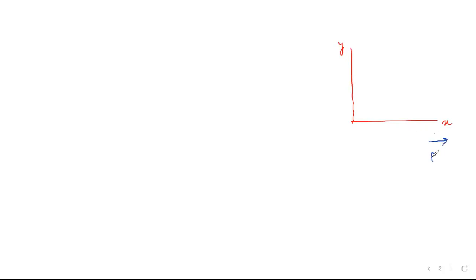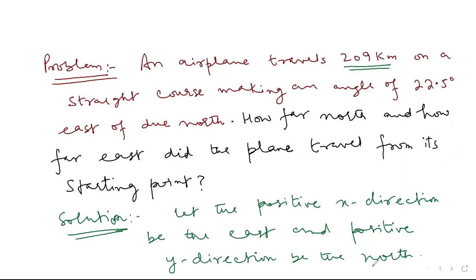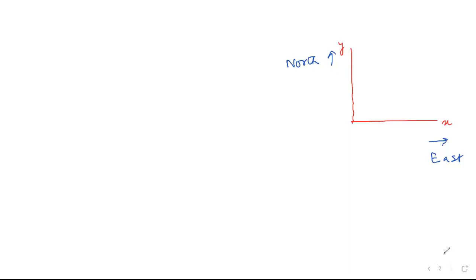This is my east, and positive y direction is my north. Positive x direction we take east, positive y direction we take north, as we have written here. Let me name it figure 1.